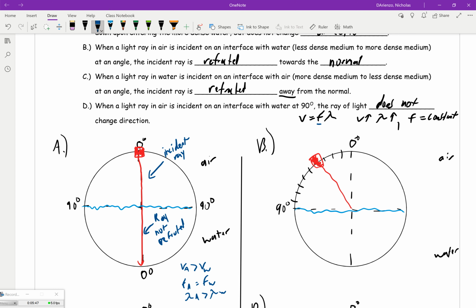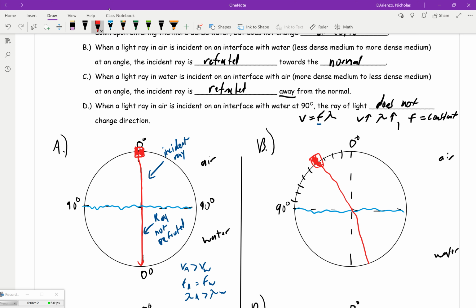That light ray, as it goes from air to water, which is going from a less dense medium like air to a more dense medium like water, when this occurs, this ray, instead of traveling straight through here, gets refracted towards that normal line, right?